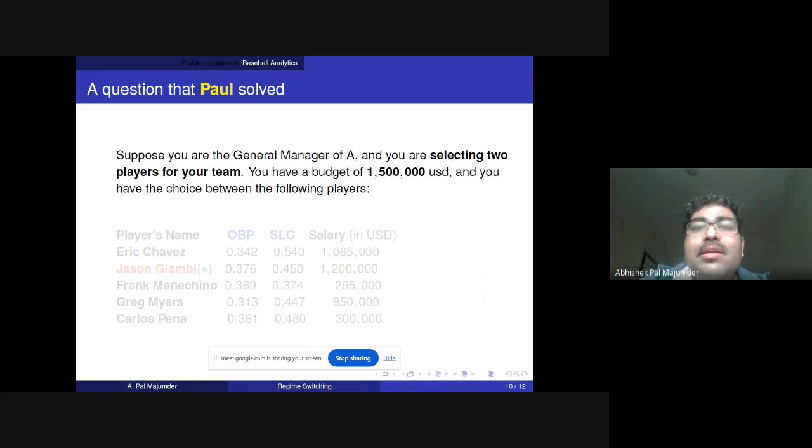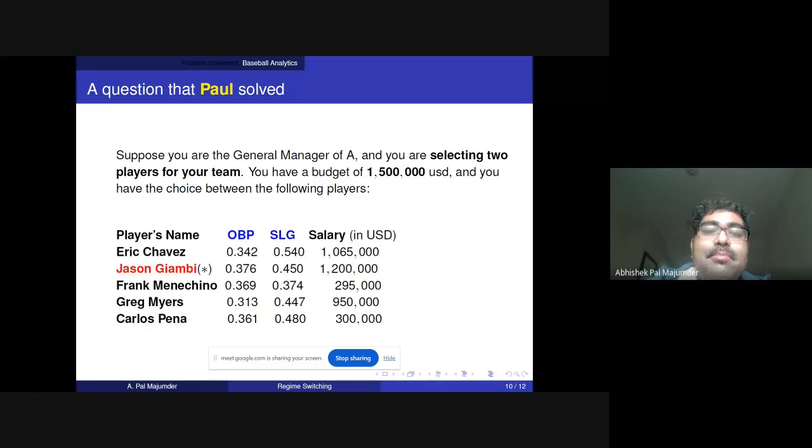Suppose you place yourself in the position of the general manager of a team, and you want to select two players for your team, and you have a budget of 1.5 million, and these are the players that you have. I'll tell you what these things are, and these are technical terms. This is called on base percentage, and this is called slugging average.